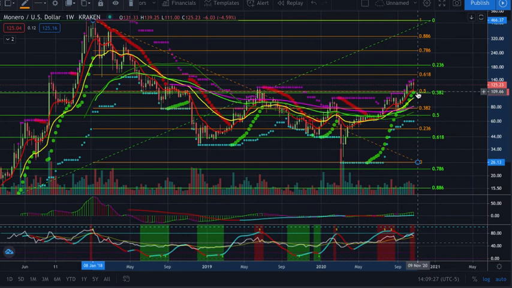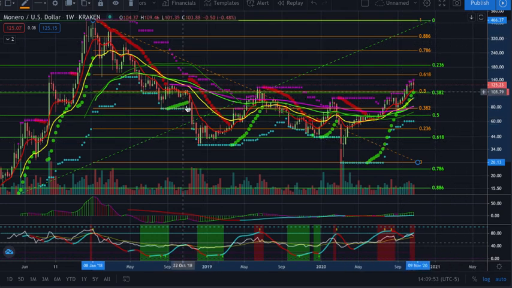If we did find support in this region, if we did sell back off right now, potentially putting in a higher low, I would expect us to come back down to the 618 over time, and that would start giving us potentially a shoulder, neckline, head, shoulder, and then potential break of the neckline.